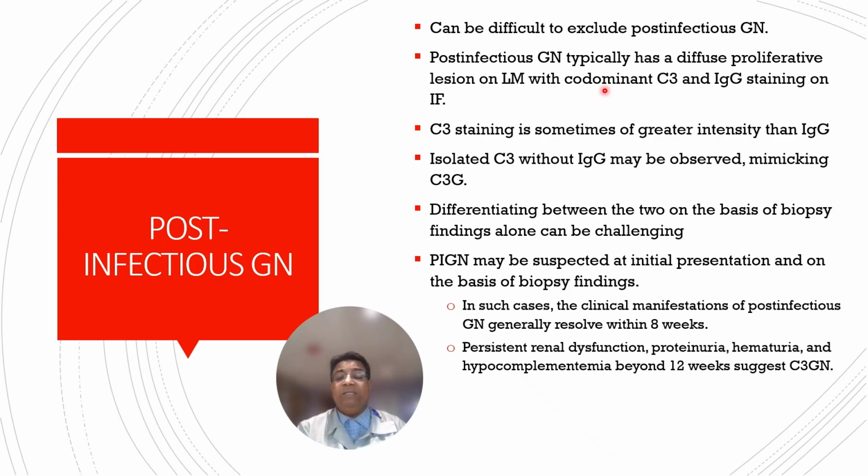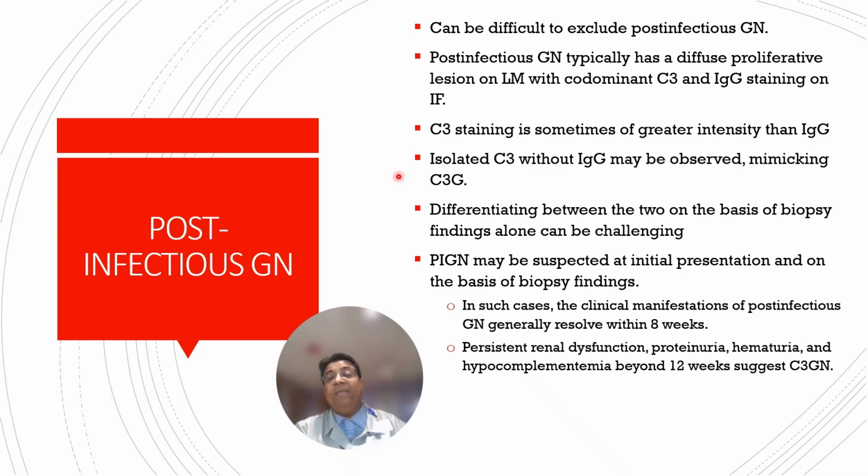And as we said, in C3 glomerulopathy, C3 is much more intense than any other stain. But C3 staining is sometimes of greater intensity than IgG in post-infectious GN. So the differential does need to be considered, and infection-related GN may be a strong consideration in some cases.